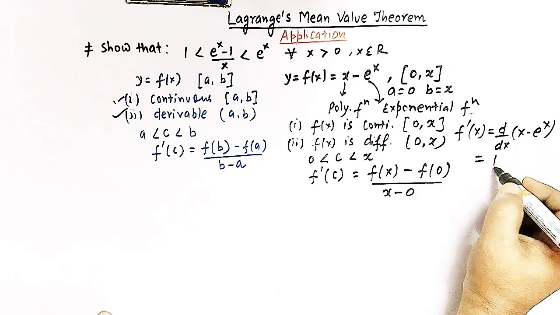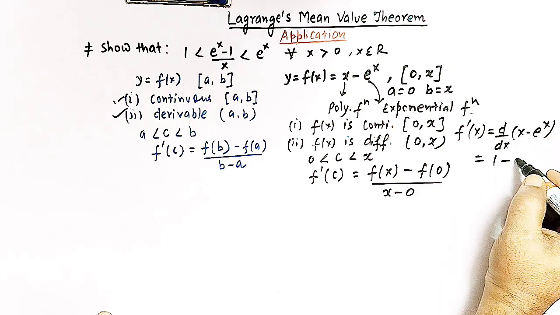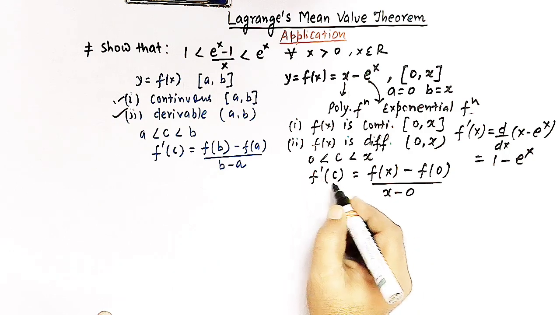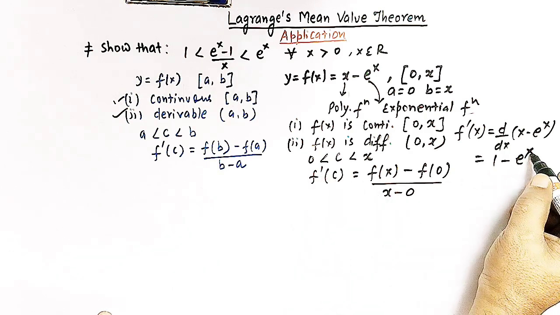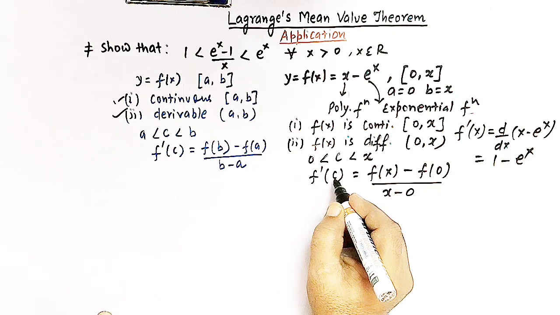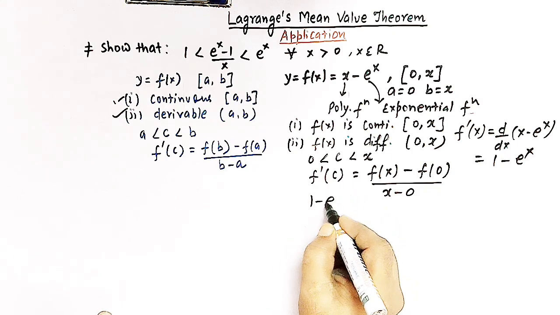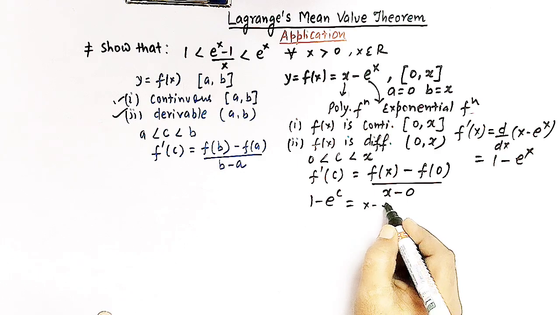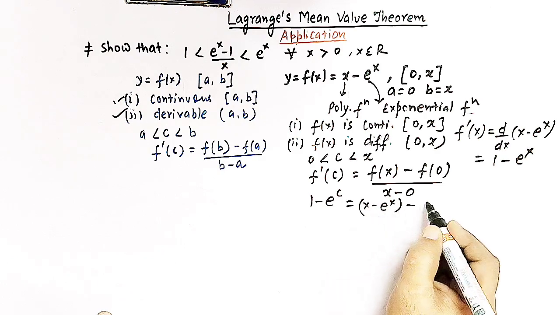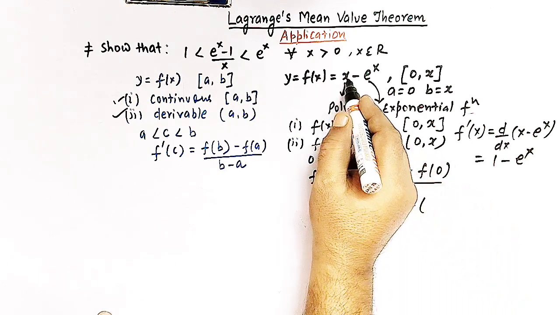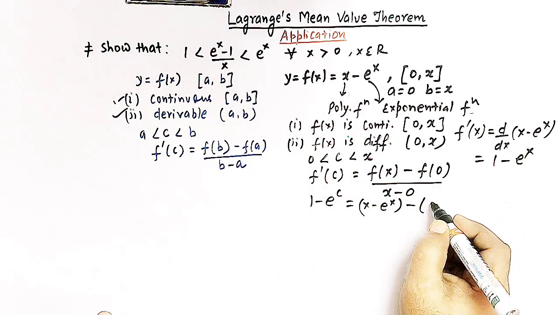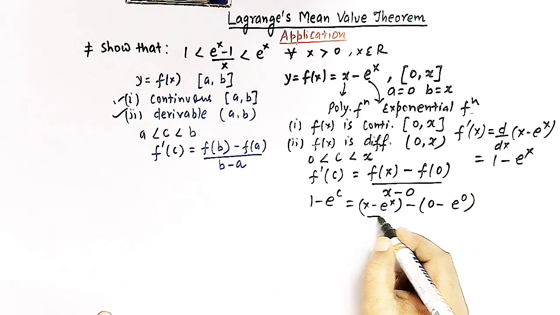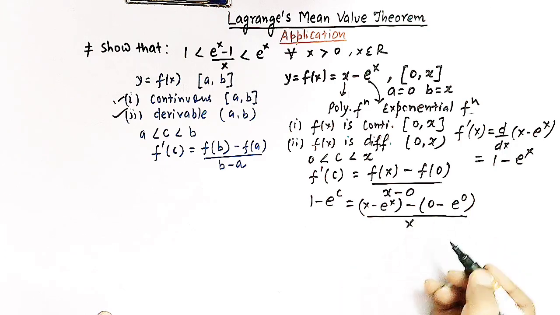The derivative of x is 1 and the derivative of e raised to x is e raised to x. So f prime of c can be obtained by replacing x by c. So here we have 1 minus e raised to c, and f of x is x minus e raised to x, and f of 0 can be obtained by replacing x by 0. So here we have 0 minus e raised to 0, and in the denominator we have simply x.